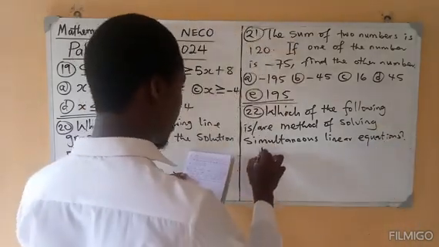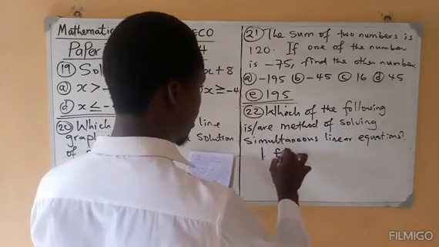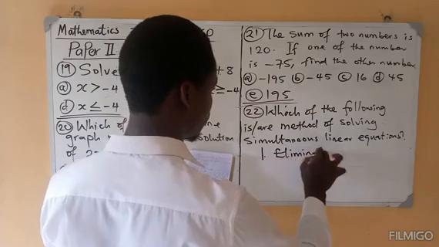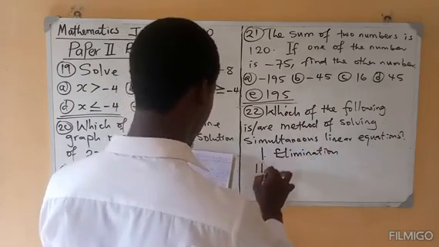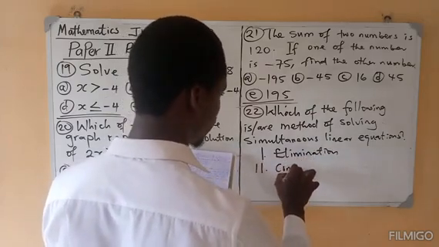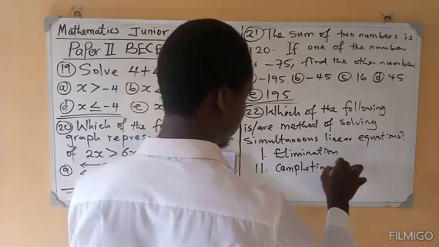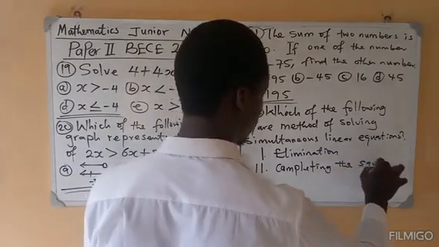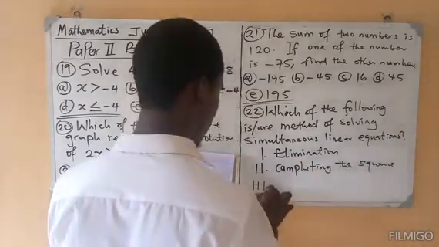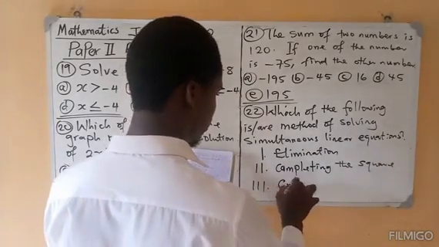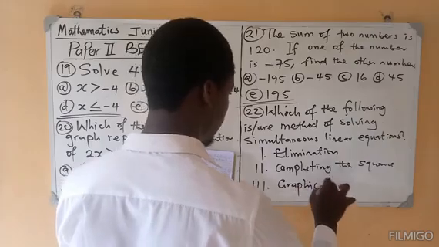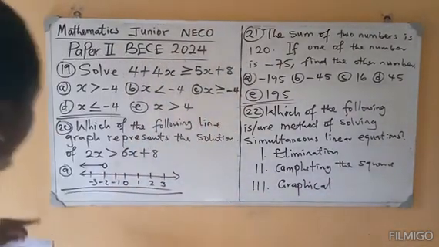We have I, elimination method; II, completing the square method; III, graphical method. Let me clean the other side of the board.